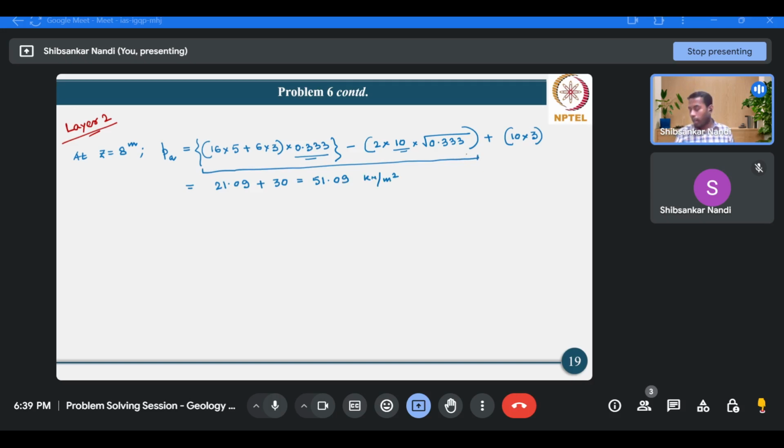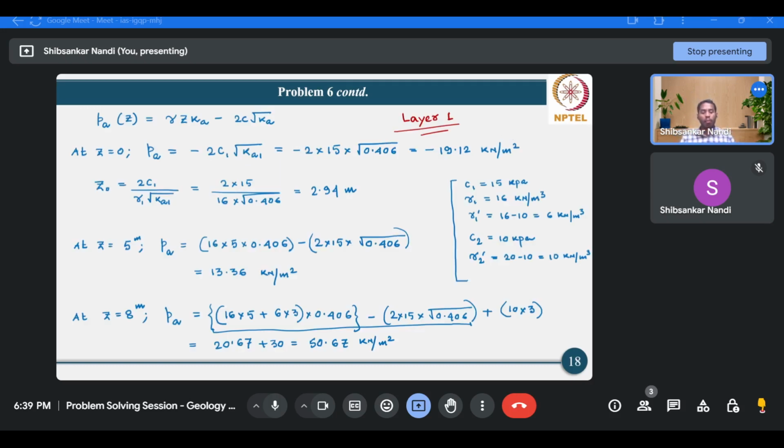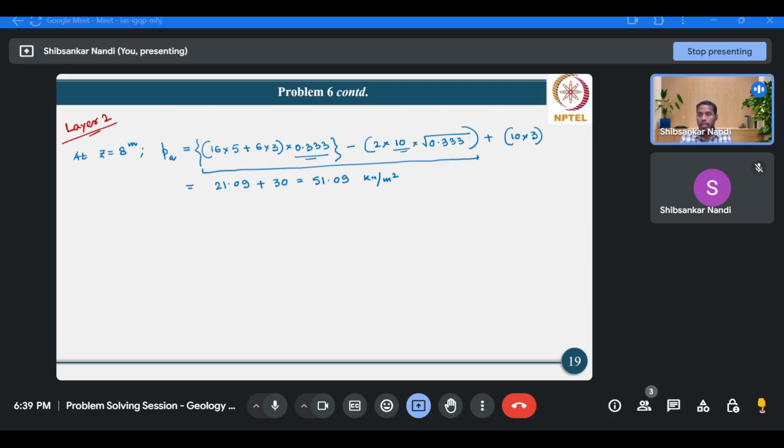So as you can realize, there is a slight change in the active earth pressure, but at the same level. So at the interface between the two layers, we are having two different active earth pressures. One is from layer 1 and another one is for layer 2. Now why is this transition happening from layer 1 to layer 2?